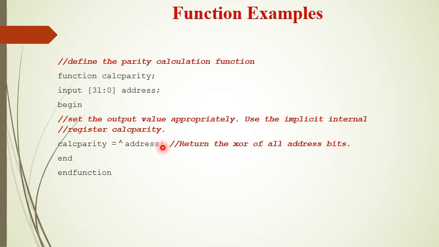That is what we want. If the number of ones is odd, we want a parity bit of 1 to be generated, and if the number of ones is even in the address, we want a parity bit of 0 to be generated.